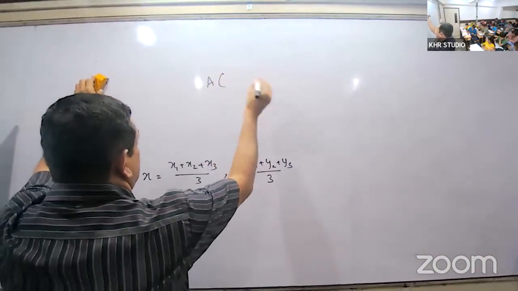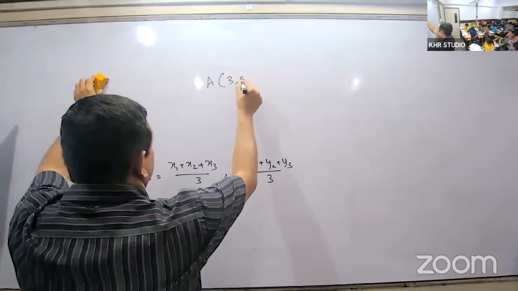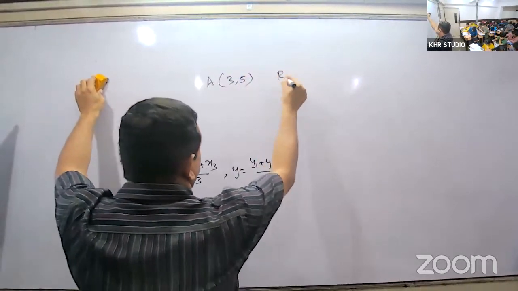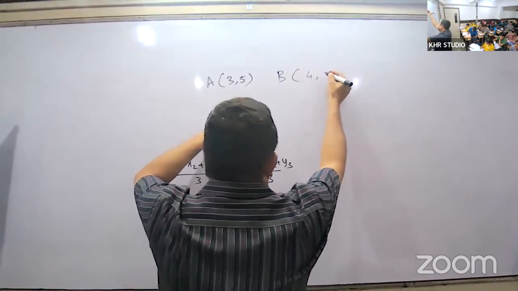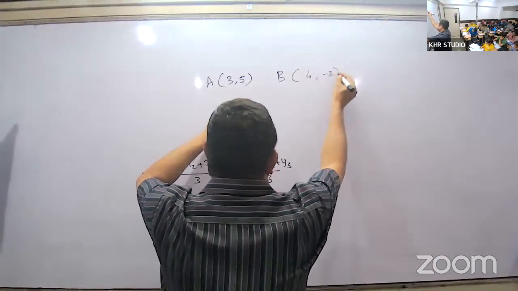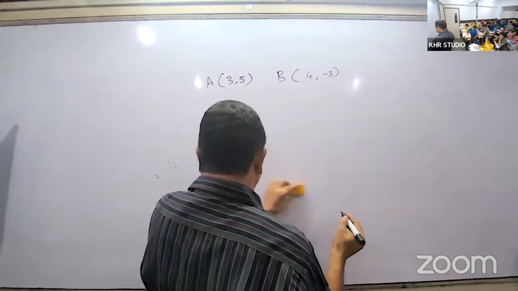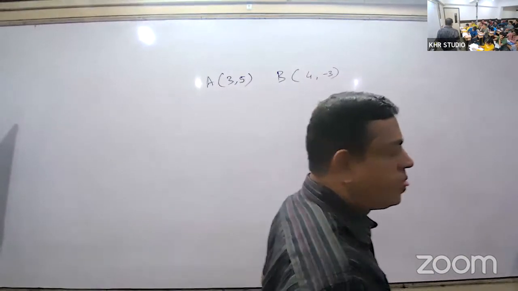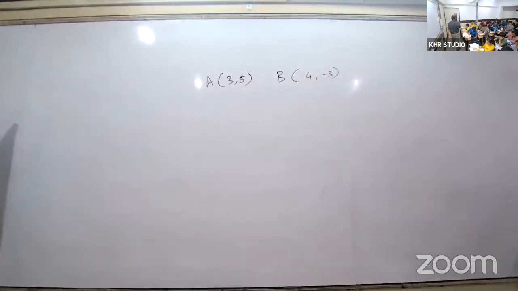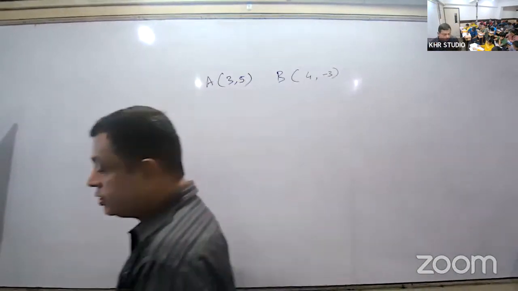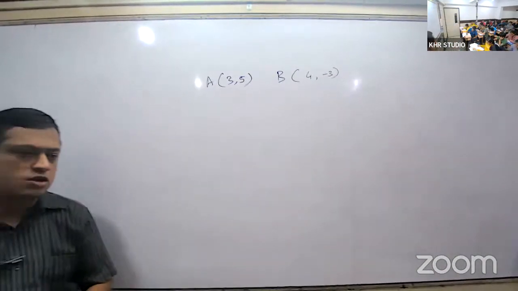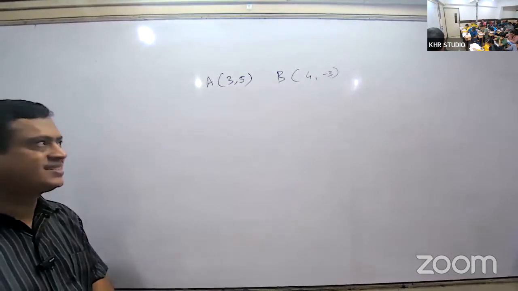A is (3, 5) and B is (4, minus 3). Next, find the ratio in which AB is divided by the x-axis.